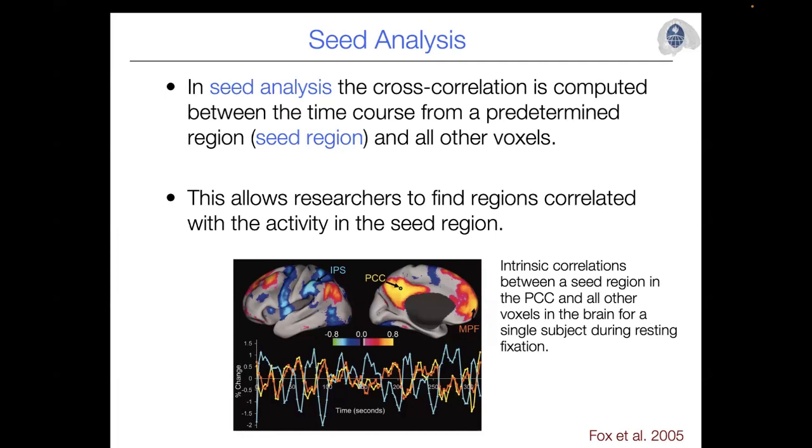So if I scan any of you in the scanner while you're doing nothing, your brain is basically going to behave in this manner. These regions are going to be highly correlated, and these will be highly anti-correlated. And so this is a very well reproducible pattern in the brain, and that created a lot of interest in studying these.